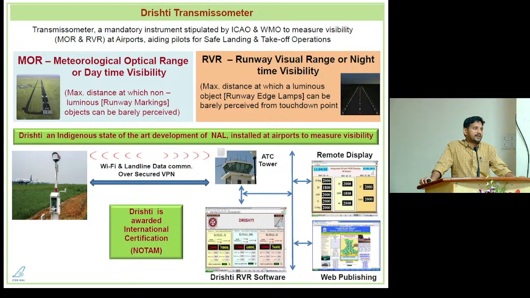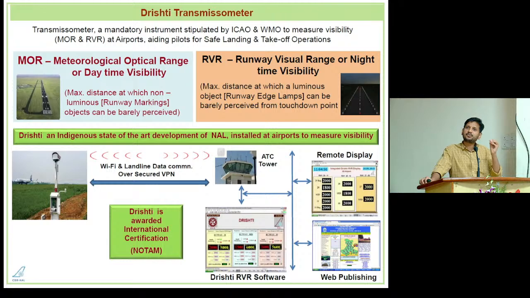What we have developed at NAL: the important parameter of weather is visibility. Like in the news, I think in the coming days we will hear on all channels that Delhi will be getting severe fog, zero visibility. They will say all over northern India, UP, Bihar, J&K, Jammu, all these places, severe fog will be there.